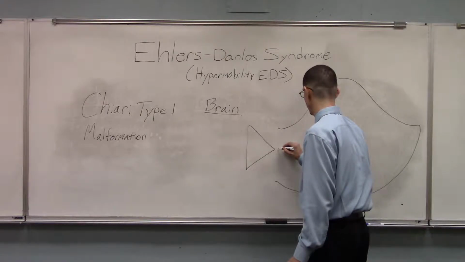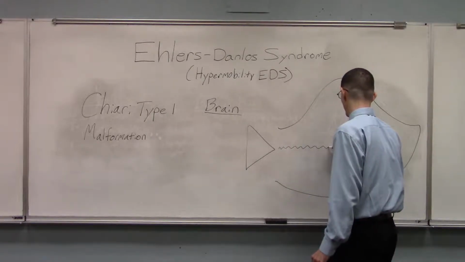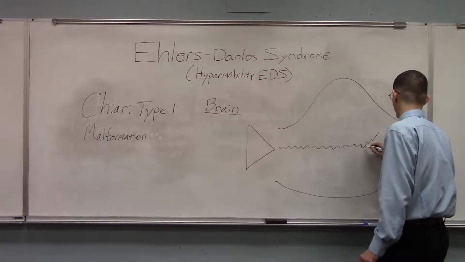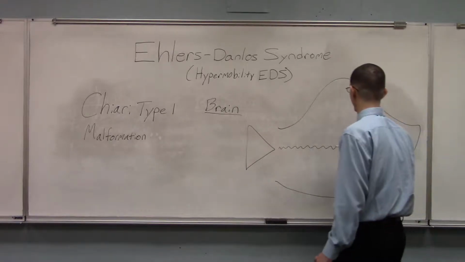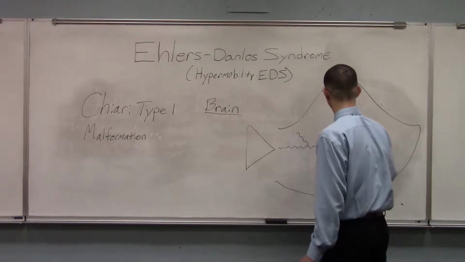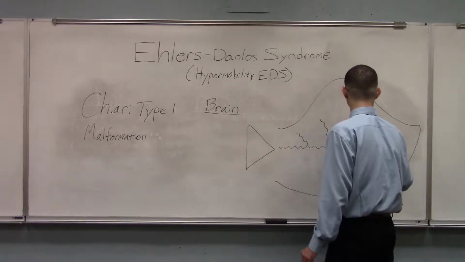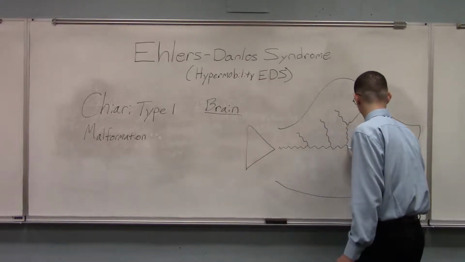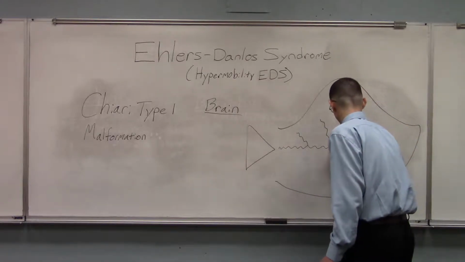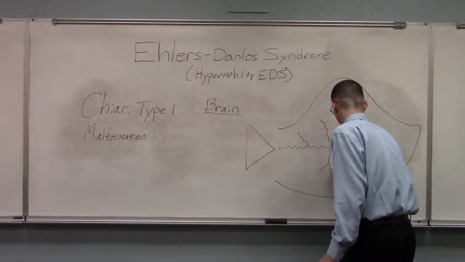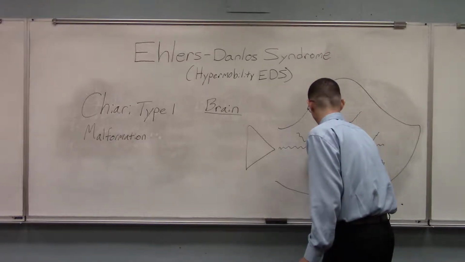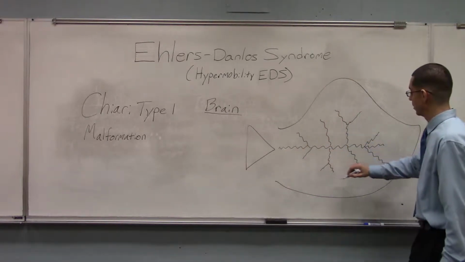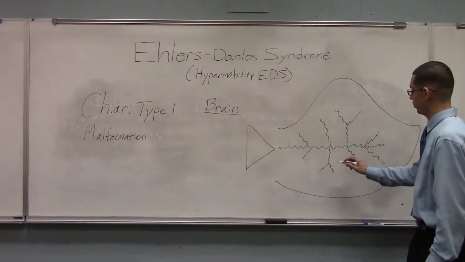Within the cerebellum, we have white matter termed arbor vitae, meaning tree of life. Surrounding the arbor vitae are lobules.